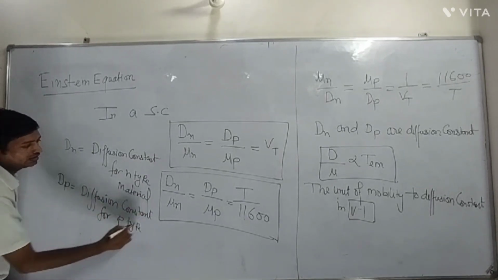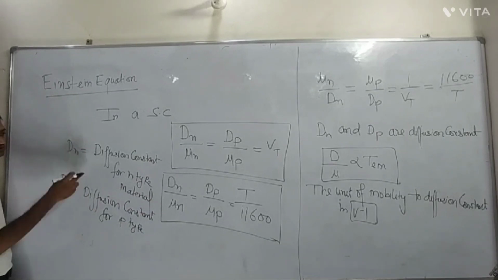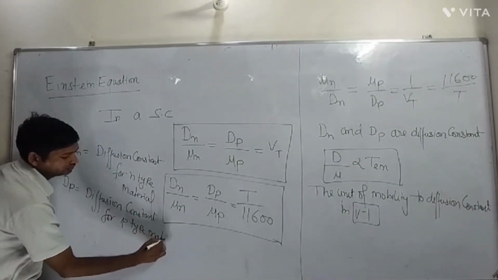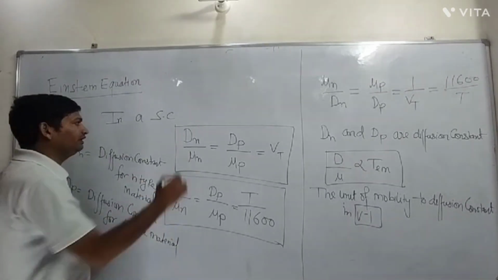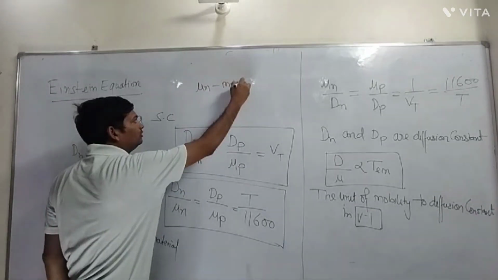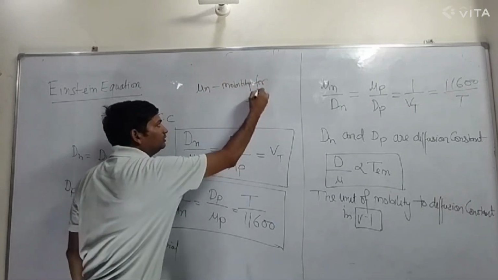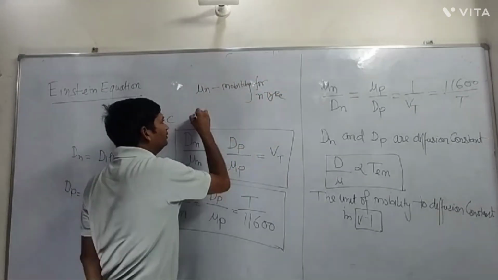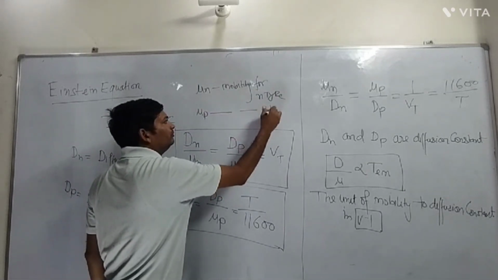So that is the significance of Dn and Dp. Next is mu n, the mobility for n-type, and mu p, the mobility for p-type.